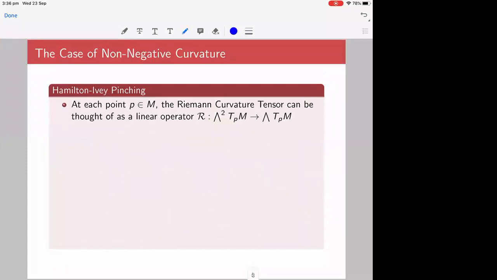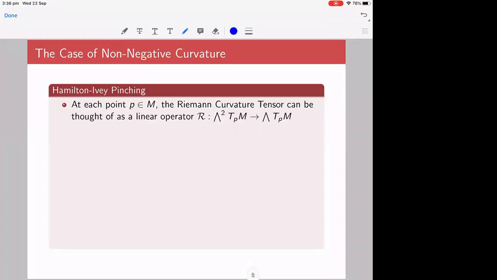Now, in order to explain the larger context here, how we know that this is actually enough to classify all of these gradient shrinking Ricci solitons, it's helpful to go back to some well-known results, namely about the Hamilton-Ivey pinching phenomenon.